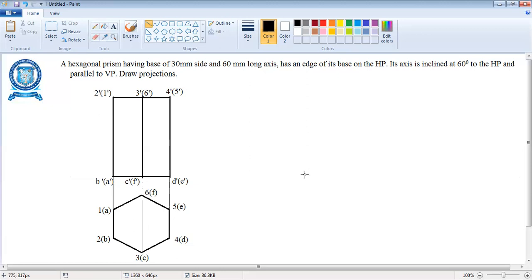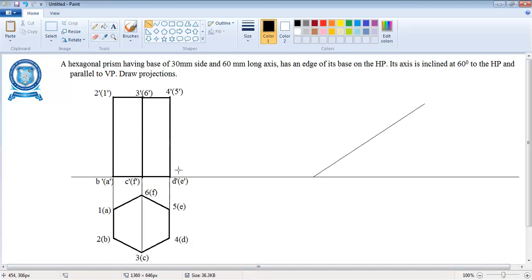For that, we have to draw a 60 degree line from any point. If the axis is inclined at 60 degrees, then the edges will also be inclined at 60 degrees.